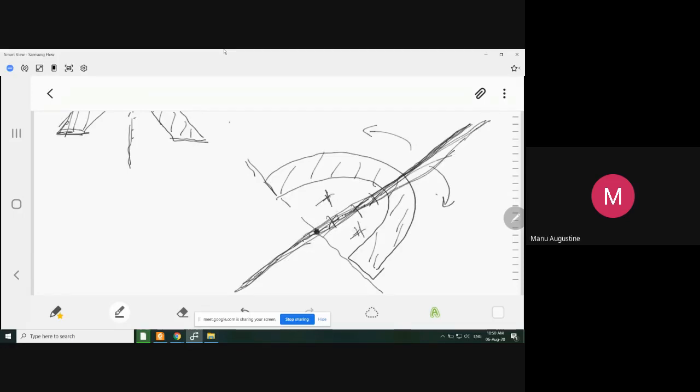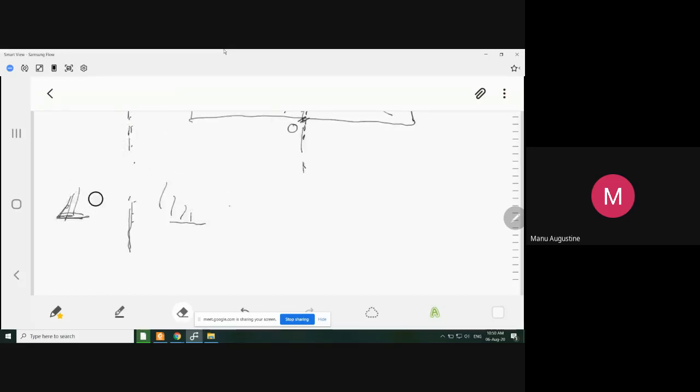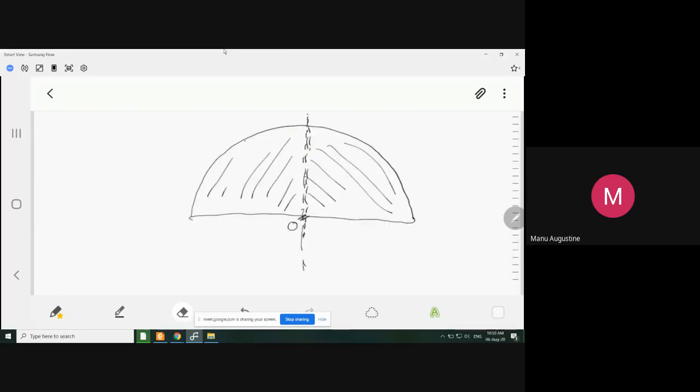So this is the amount of ease that will come with the establishment of the line of symmetry. For any figure, if you have established the line of symmetry, locating its centroid will become very easy for you.